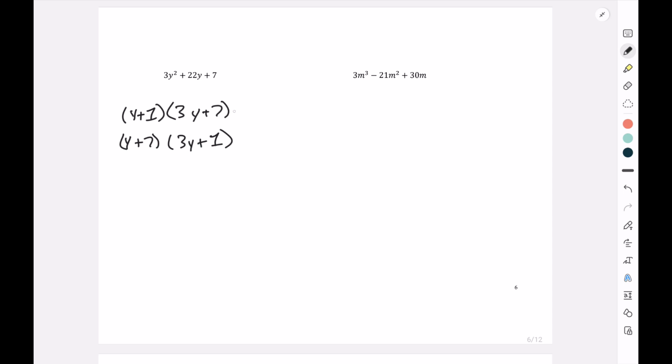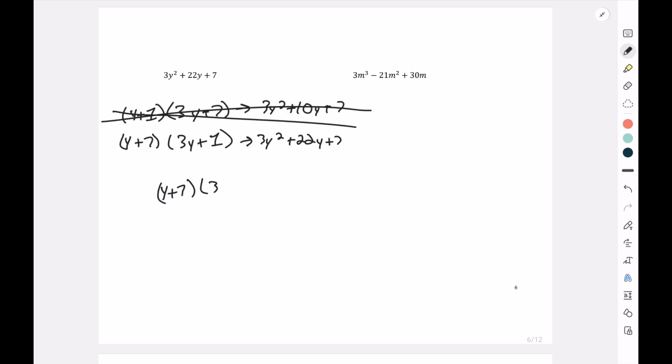If we looked at foiling them, on the top we would have 3y squared plus 10y plus 7. Since that is not our original equation, that does not work. If we looked at doing the bottom one, we would get 3y squared plus 22y plus 7. And so our answer would be y plus 7, 3y plus 1.